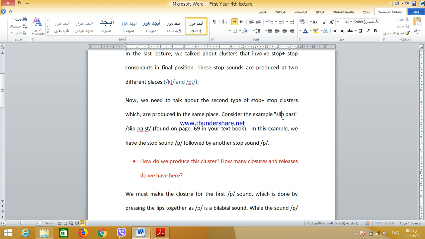Look at the p sound here and the p sound here. This is a cluster of a stop plus stop, and both consonants are bilabial. They are produced in the same place. Slip past. By the way, this example is found on page 69 in your textbooks.